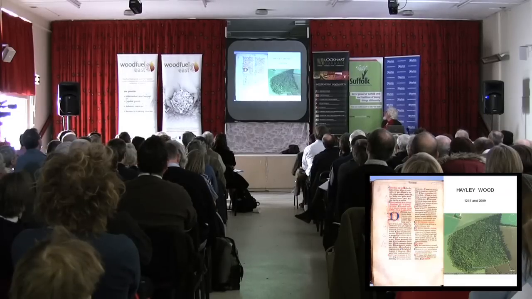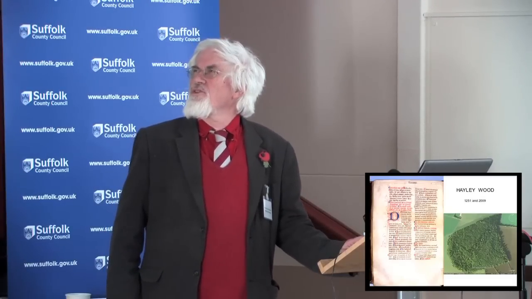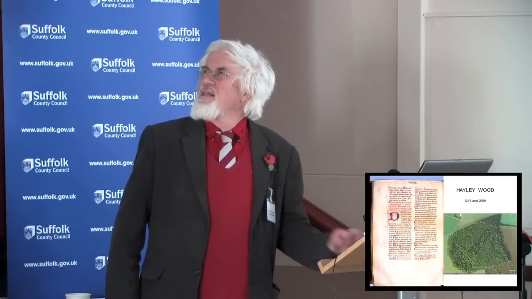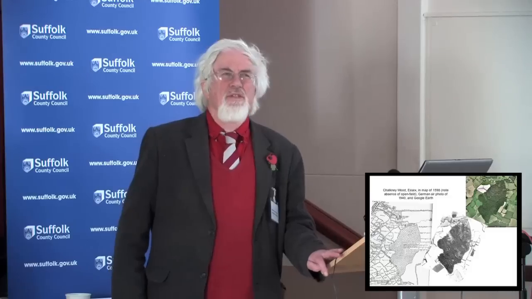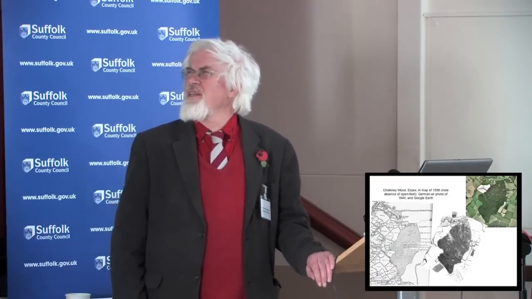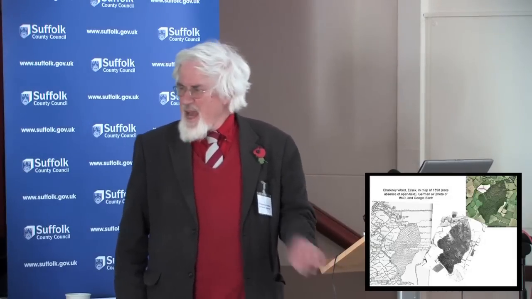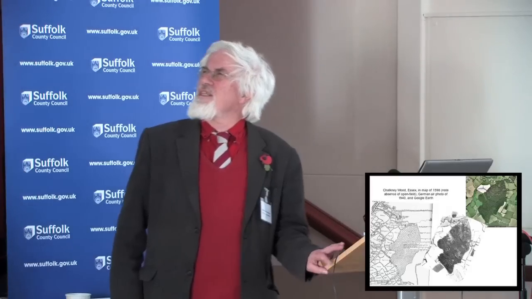Woodland history is derived partly from written records, but also from studies of what is there in the field. And written records, also maps. Maps at a usefully large scale appear in the late 16th century, and there is a comparison between a map of 1598.